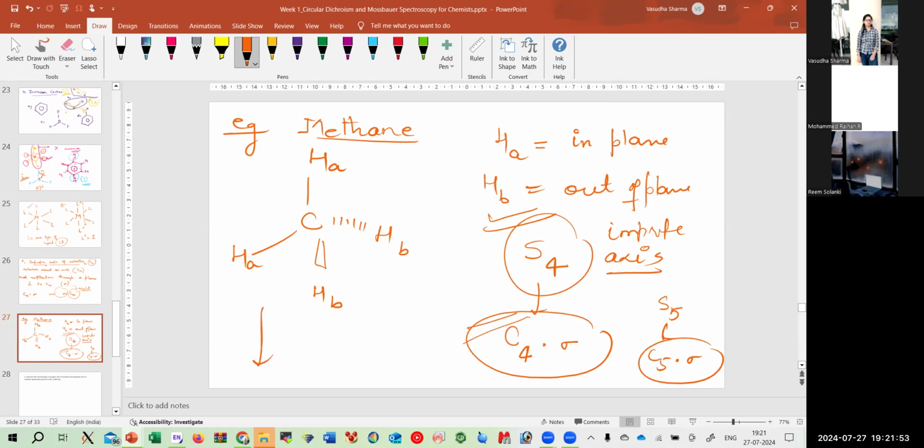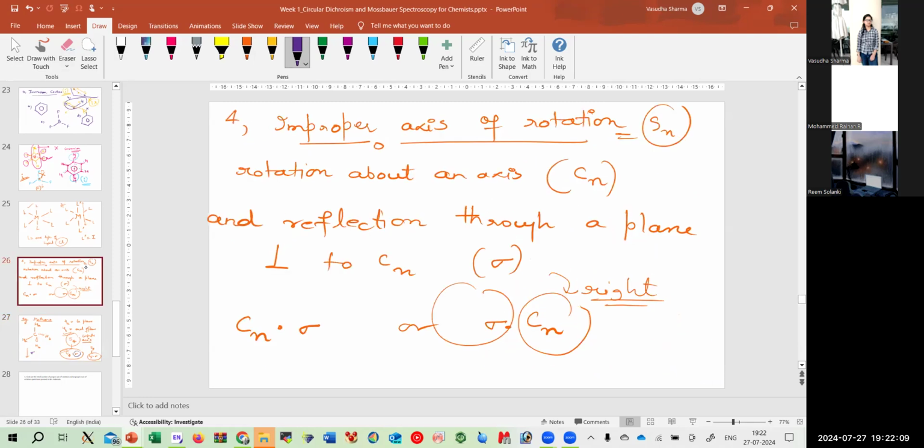Now, what we will do, firstly, we will apply sigma, as I have written. So we will first give an operation of sigma, that is a reflection. You have to be very careful. As I said in this definition, the rotation is about an axis. Say you define the axis as Z, the rotation is happening along the Z axis, then the reflection has to be through a plane which is perpendicular to it.